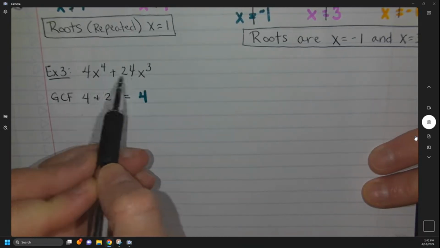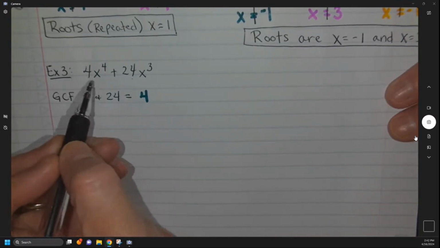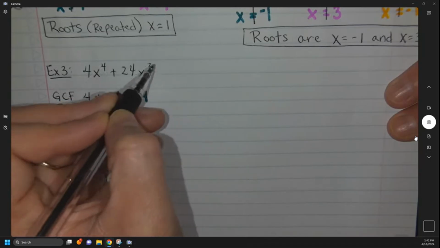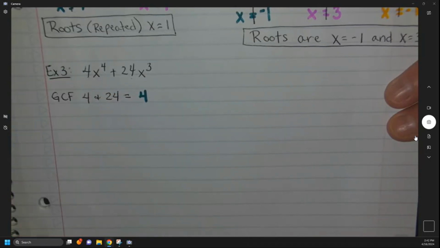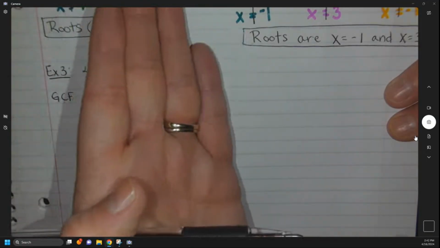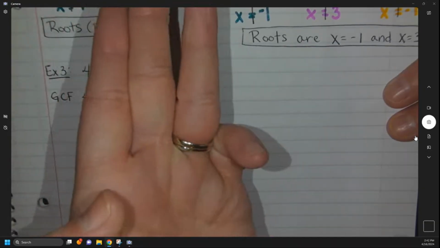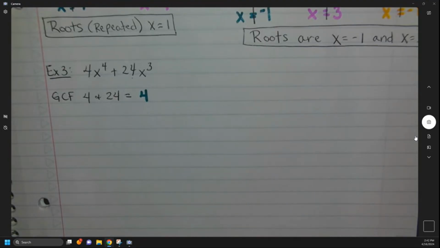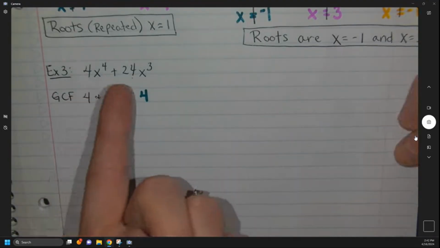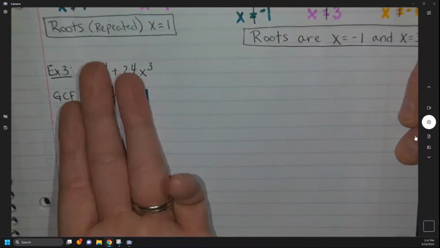But I also have these x's I have to take a look at, right? And so I go, okay, well, what's the greatest common factor of x to the 4th and x to the 3rd? Well, I know that x to the 4th is x times x times x times x, and x to the 3rd is x times x times x. So when I think about that, I multiplied x times x times x in both x to the 3rd and x to the 4th.